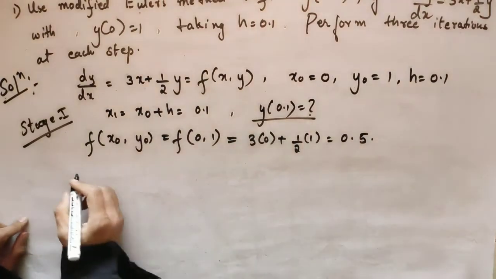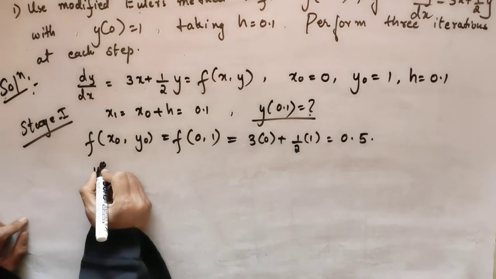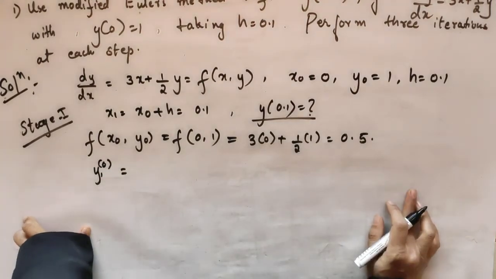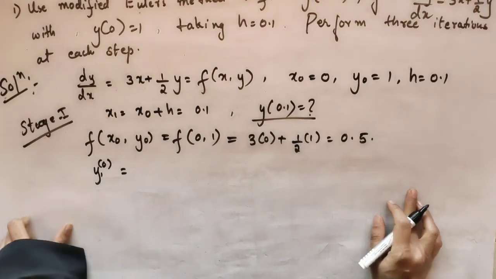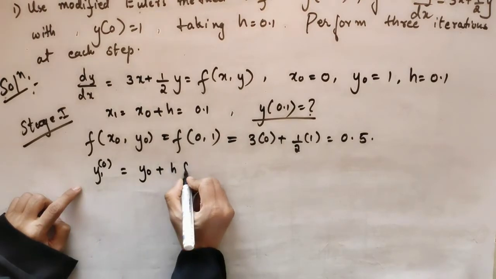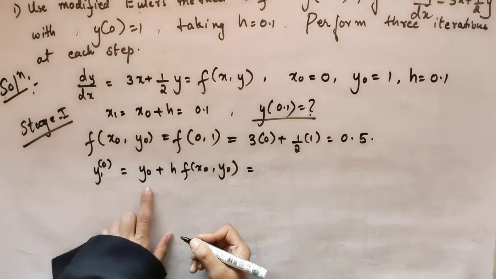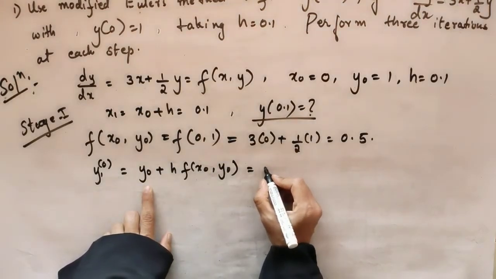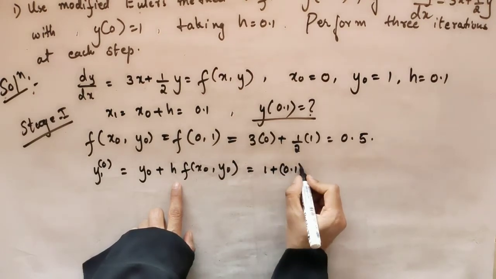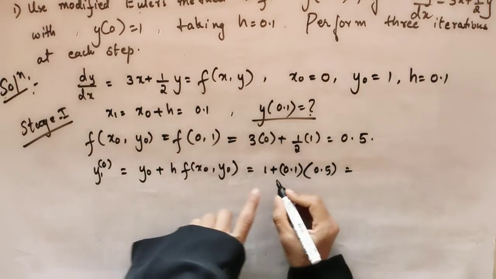Keep it aside. Now I just need to work out y1 initial approximation, by Euler's formula. By Euler's formula, it is defined to be y0 plus h times f of x0, y0. y0 is 1, h is 0.1, and f of x0, y0 we have just now found is 0.5.